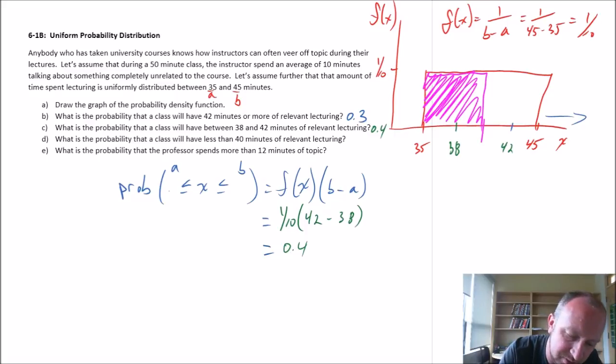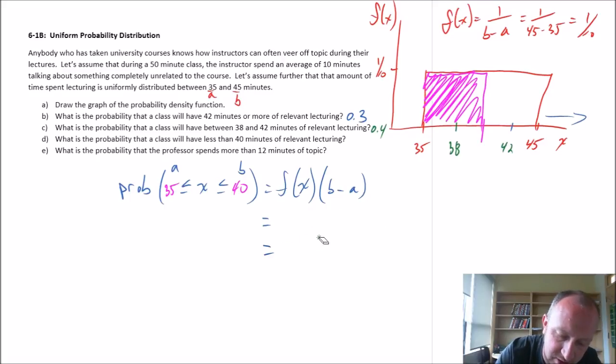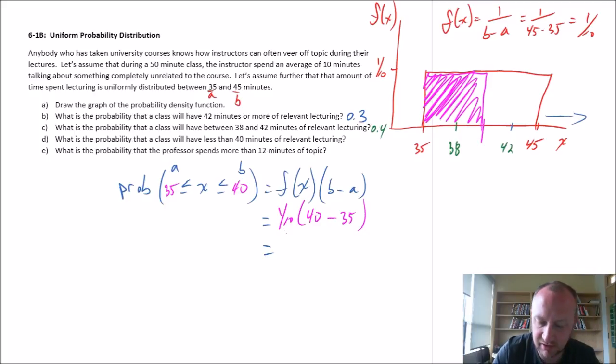So this is between 35 and 40. This function still has the same value, 1/10 times 40 minus 35. So that's going to be 1/10 times 5, that's going to be 0.5. Good, we're getting there.